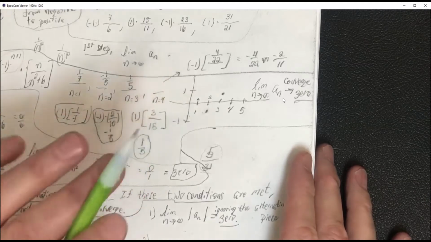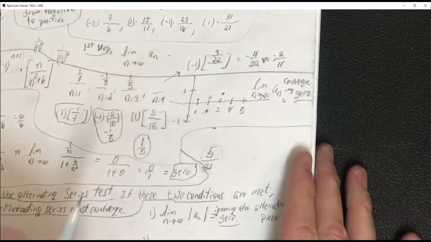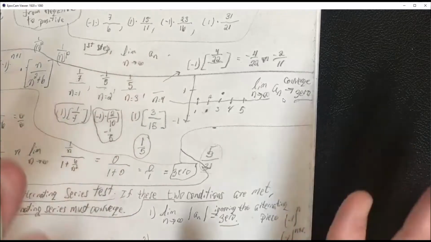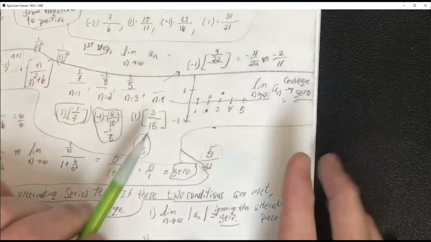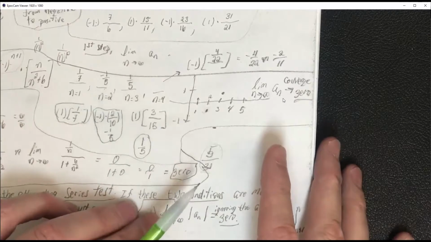Ignoring the negative and positiveness, the terms have to be getting smaller, which means maybe it doesn't happen on the first couple terms, and it didn't here.